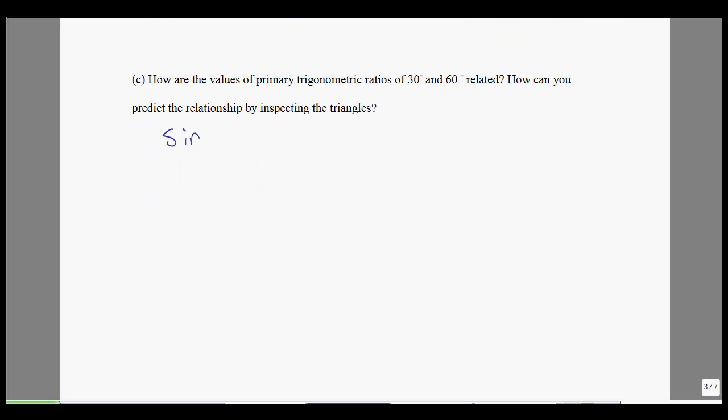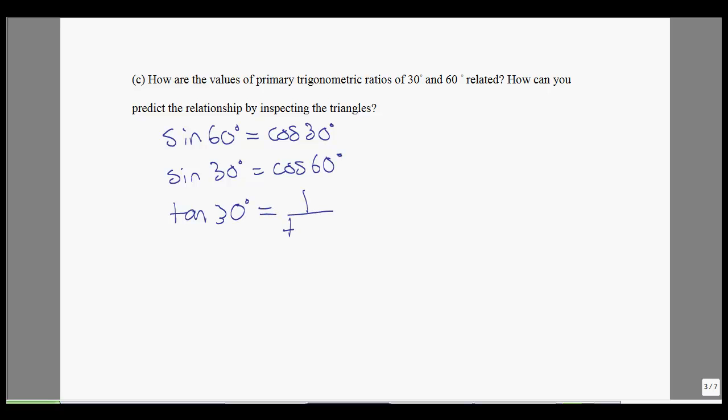Our sine of 60 equals our cos of 30. And our sine of 30 degrees equals our cos of 60 degrees, whereas our tan of 30 degrees equals 1 over our tan of 60 degrees.